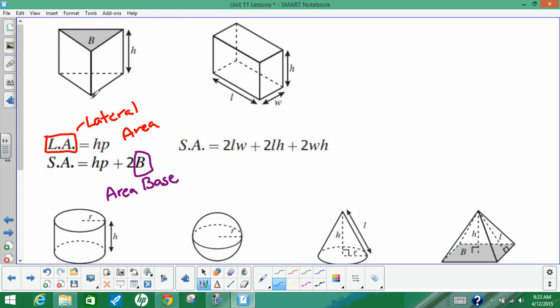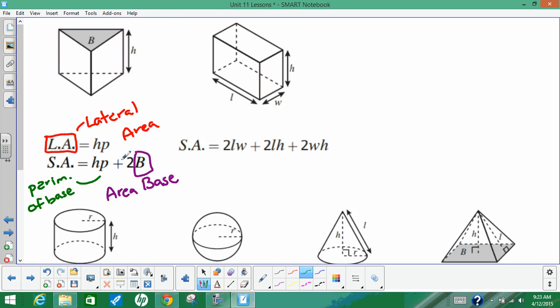So you can see that the lateral area is the height of the prism, h, times lowercase p, which is the perimeter of the base. So the bases in these figures are very important. So again, the lateral area, we just take the height of the prism, multiply that by the perimeter of the base, and we'll get the lateral area.